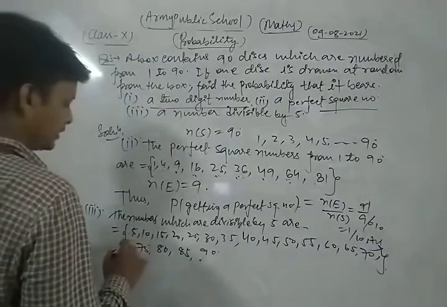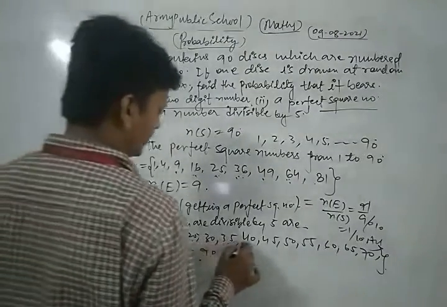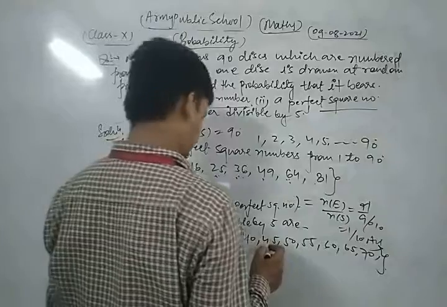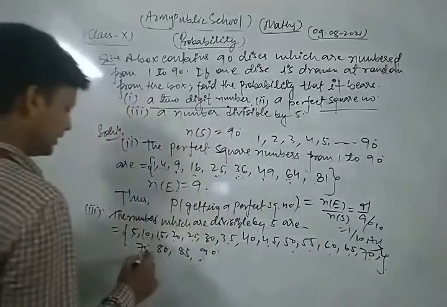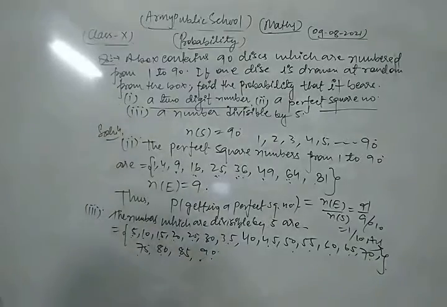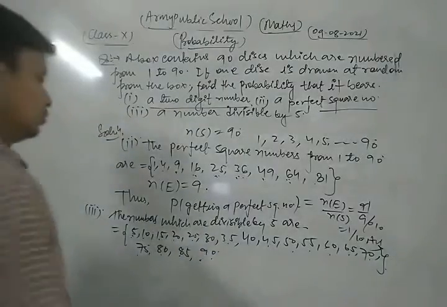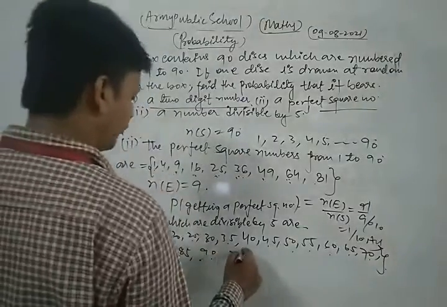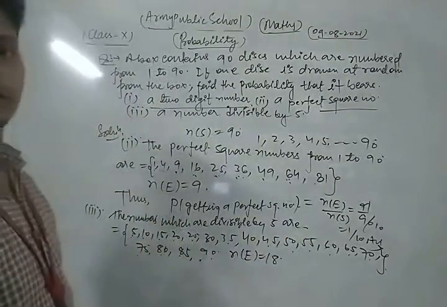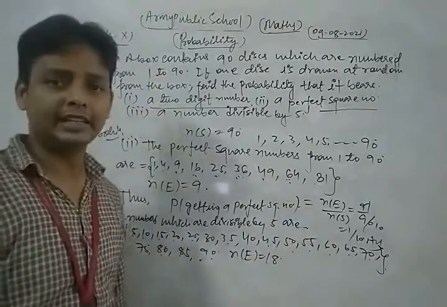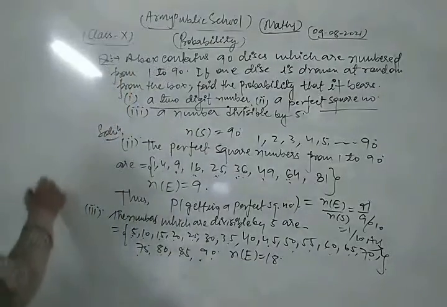Now look, how many numbers are there? 1, 2, 3, 4, 5, 6, 7, 8, 9, 10, 11, 12, 13, 14, 15, 16, 17 and 18. So the number of favorable outcomes is 18.